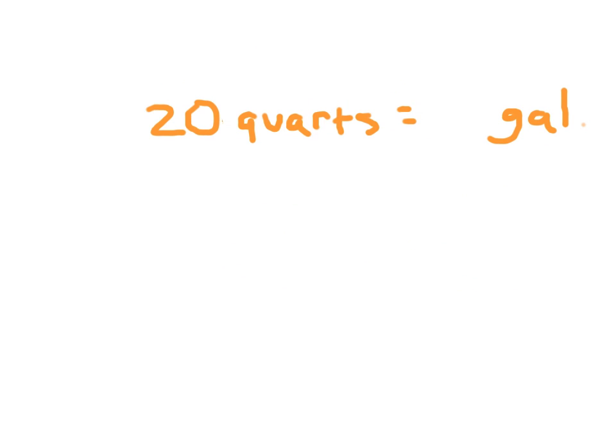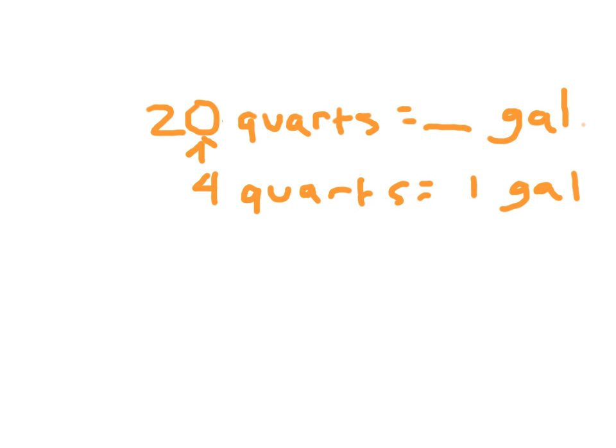Here I'm going from 20 quarts to gallons. So I know that 4 quarts equals 1 gallon. So how did I get from 4 to 20? I would have to multiply by 5. And then 1 would have to also get multiplied by 5, so that 20 quarts does equal 5 gallons.